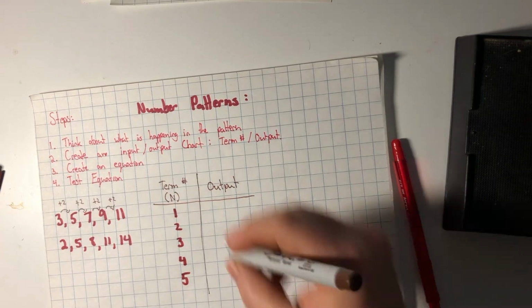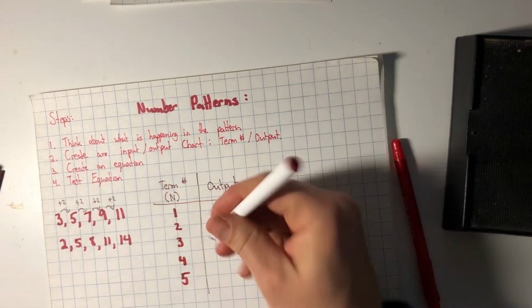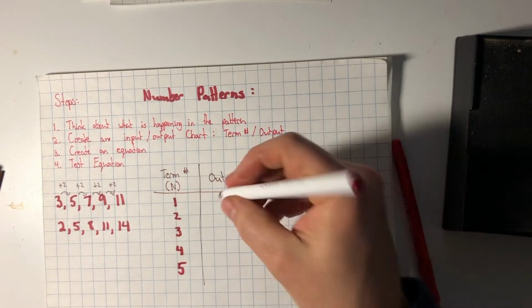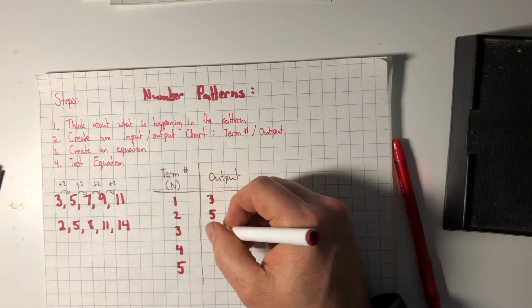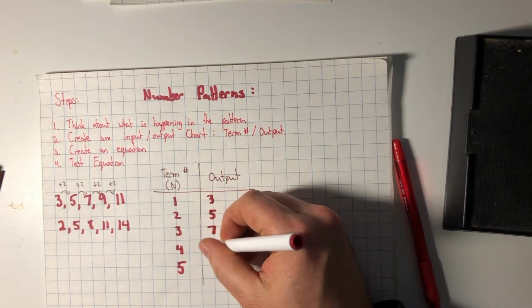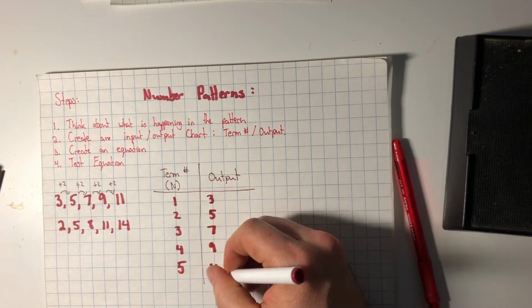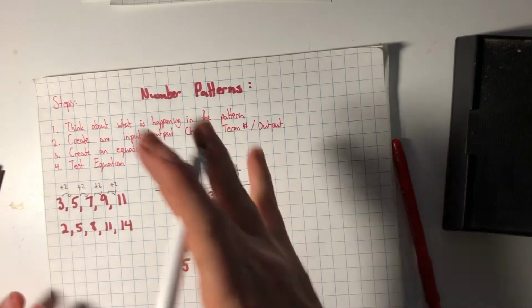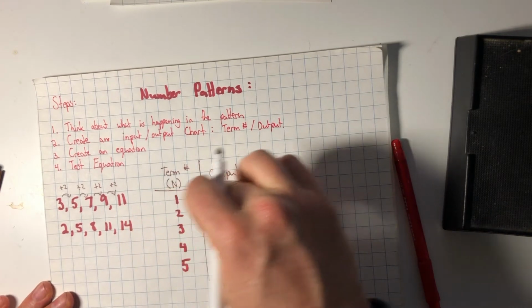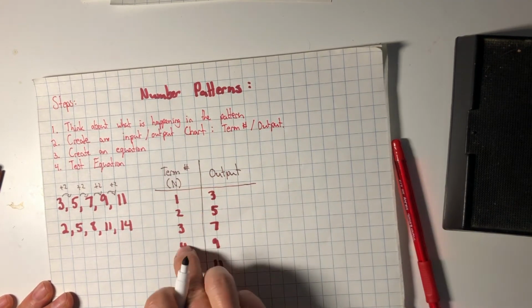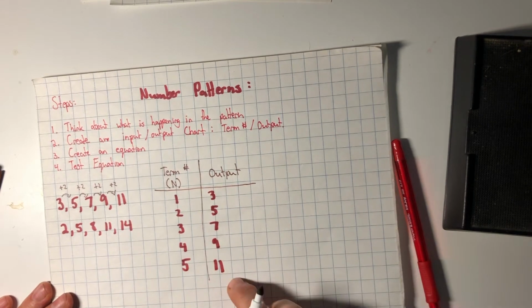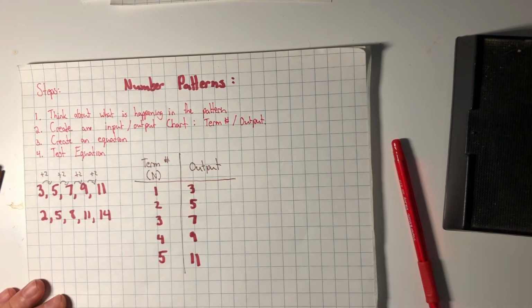Our output with the first pattern is 3, 5, 7, 9, and 11. So we're organizing our pattern in terms of its stage. Stage 1, it's 3. Stage 4, it's 9. Stage 5, etc. We want to figure out what stage 500 is.